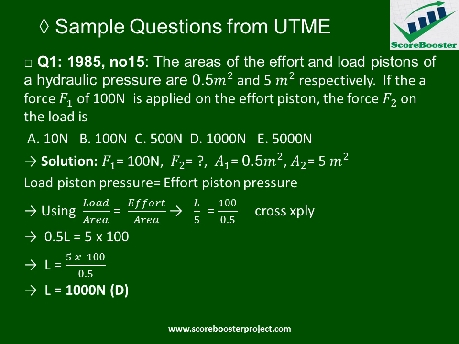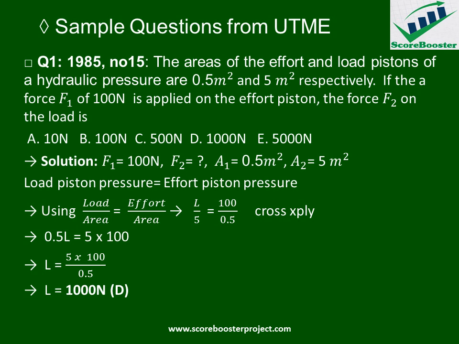A1 here represents the area of the effort, while A2 represents the area of the load, which is 5 meters square. You know, from the question, they said the area of the effort and the load piston of the hydraulic press are 0.5 meters square and 5 meters square. That means area of the effort A1 is 0.5, while area of the load is 5 meters square.